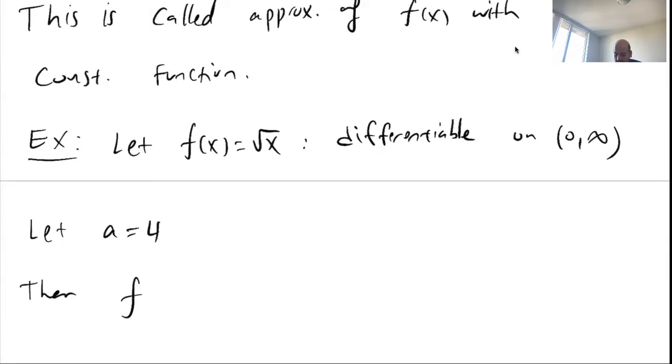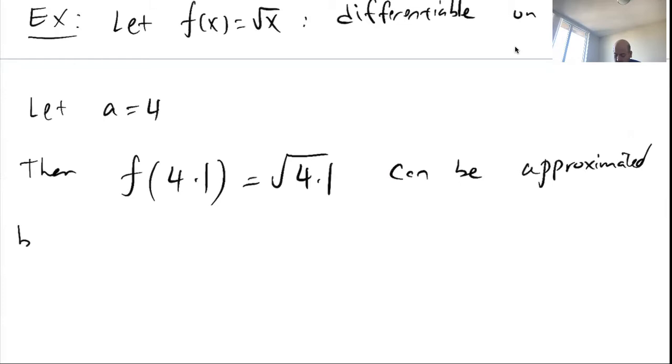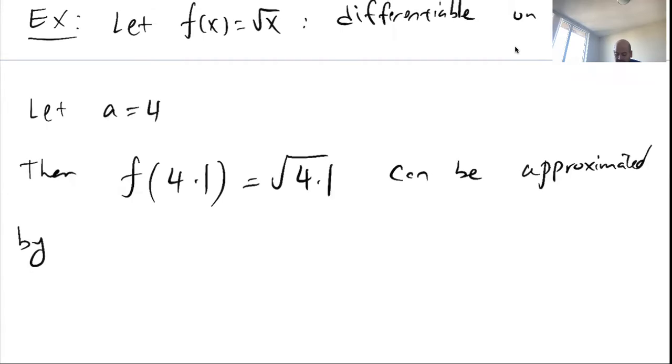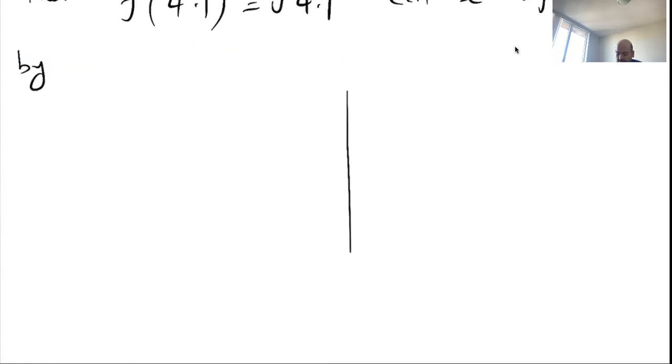Then f of, let's say, 4.1, which is root 4.1, can be approximated by f of, see, this is f of x, x close to a. So we have a fixed point. Let me show you here in the picture.